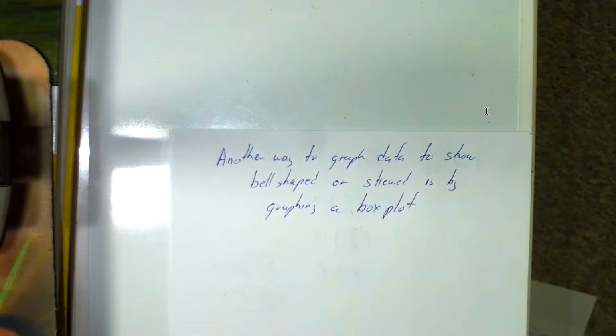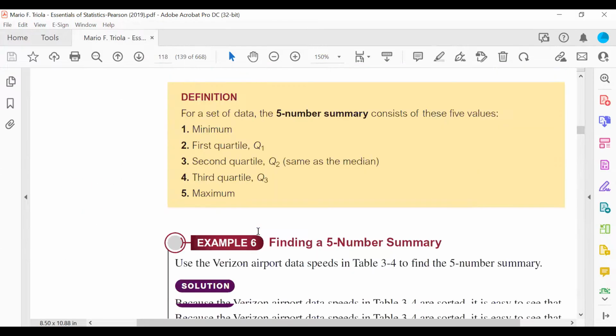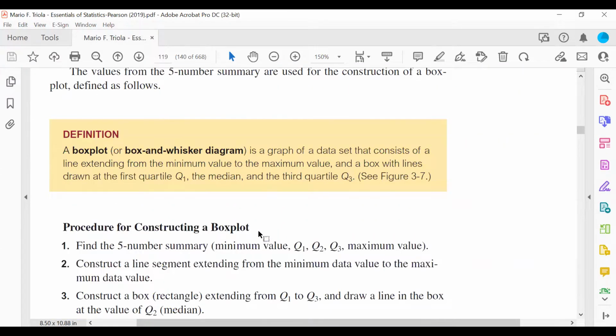They also refer to it as a box and whisker. Yeah, box and whisker.